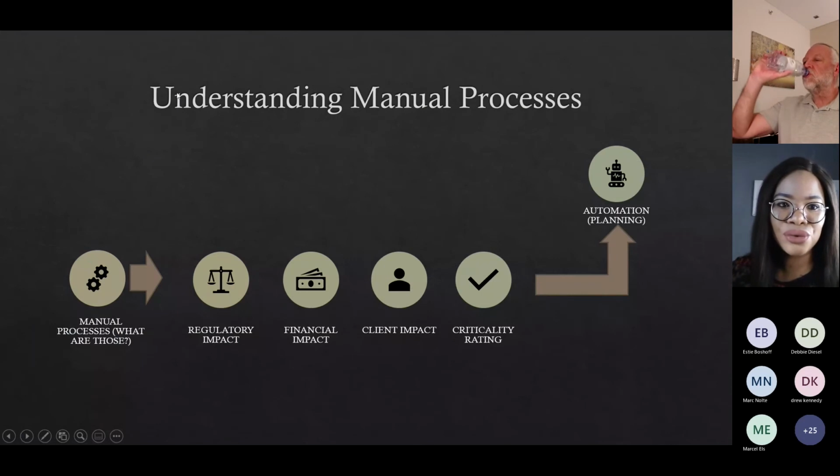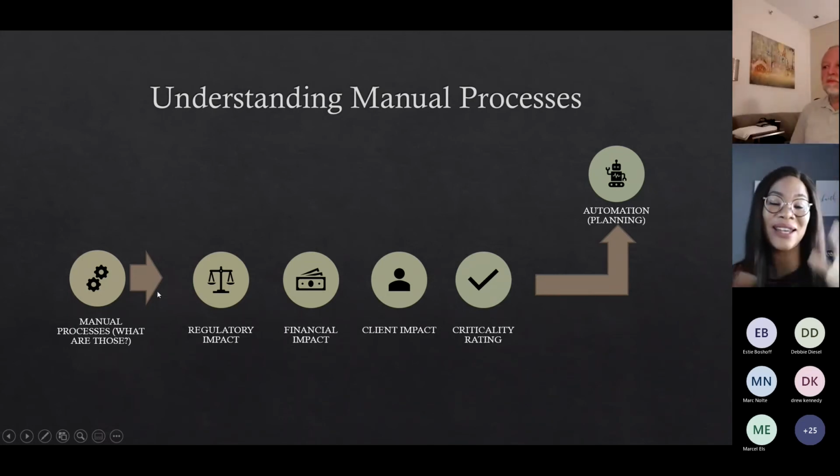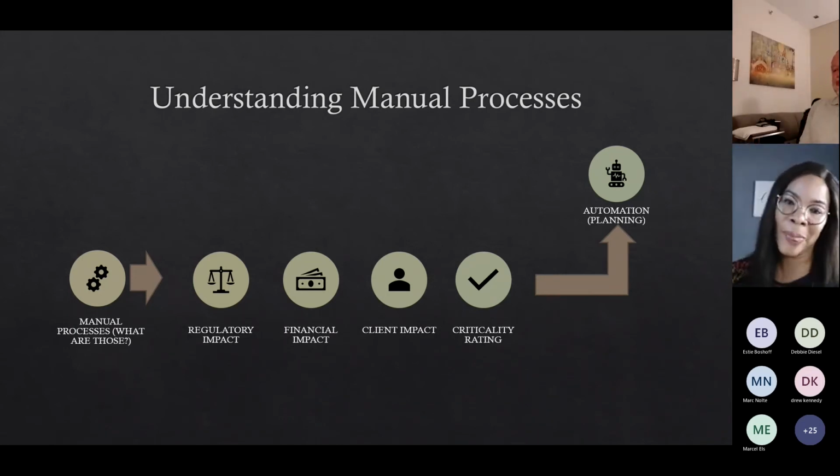Okay, and then moving to understanding our manual processes. First of all, they need to be identified, right? What are those? This will help you by understanding the actual business process that takes a user to reports. How I normally do it is, when I do my analysis, I start at the report. I don't do it the other way around.